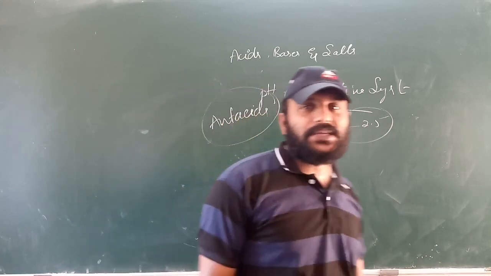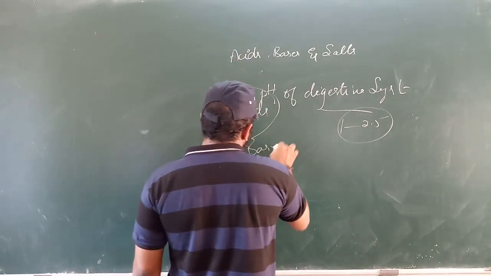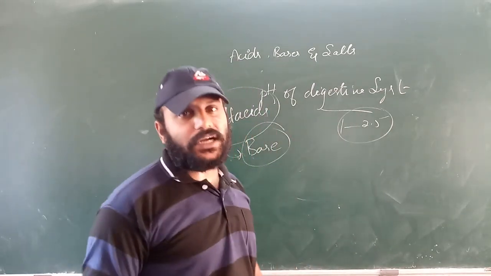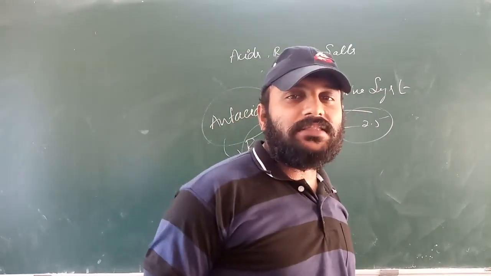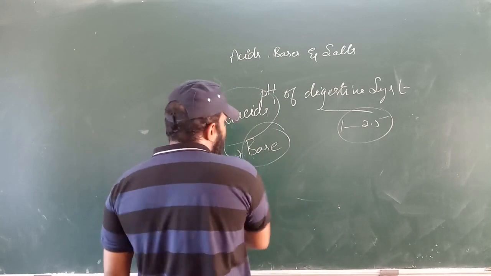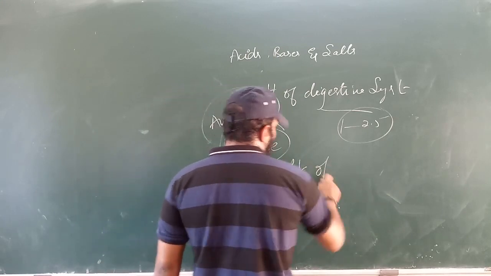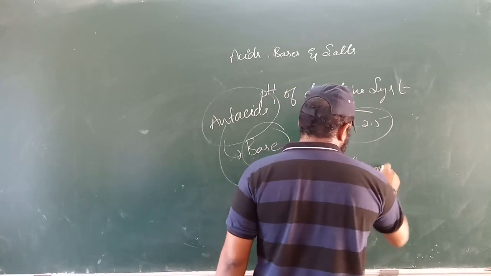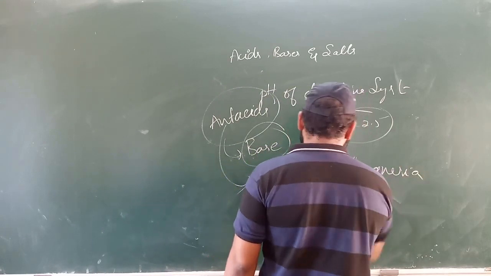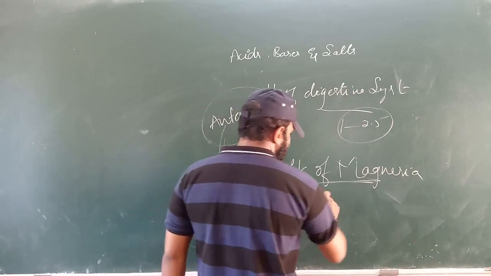What is the substance present in the antacid? It is a base. So when we take the antacid, you are neutralizing the acid present in the stomach. Usually the antacid we take is milk of magnesia, nothing but magnesium hydroxide.